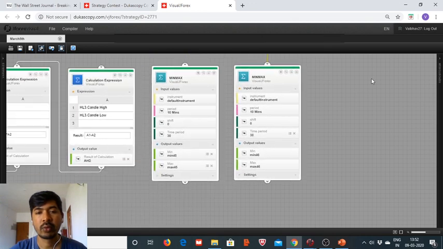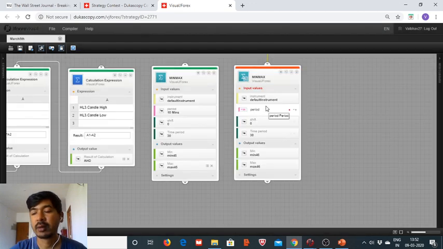and now coming to the other blocks, here also we will need to change the time frame to 5 minutes.